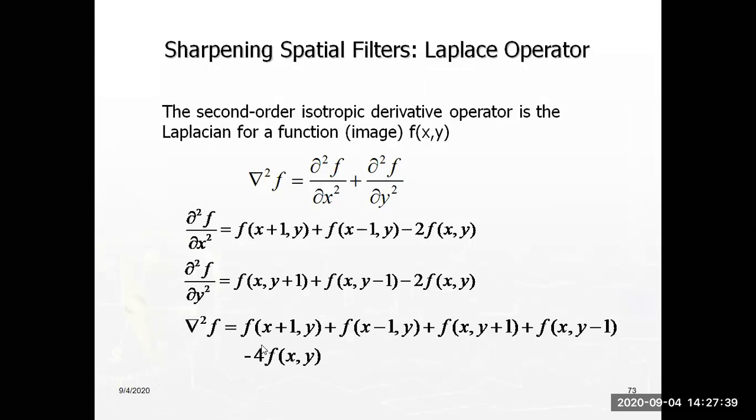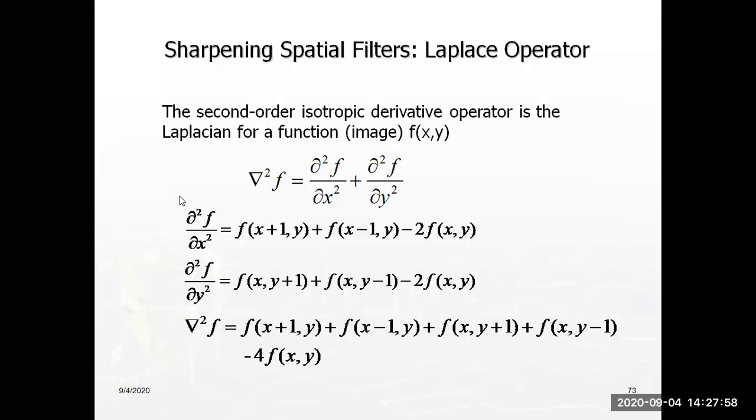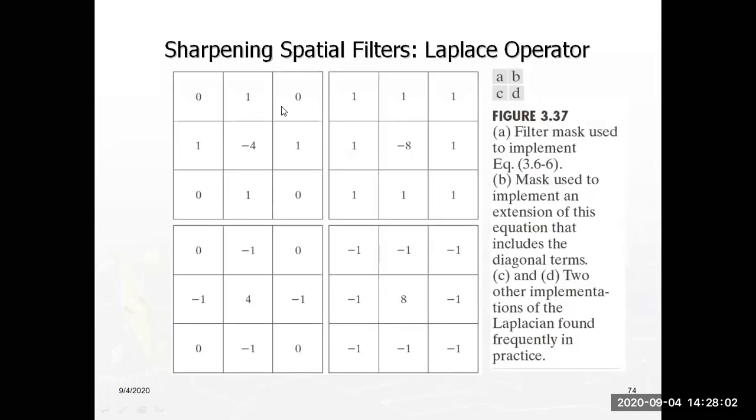If you observe here, f(x+1,y): for the x coordinate it is 1 and the y coordinate is 0, like this, f(x−1). So you place 4 ones, the center pixel is minus 4, and the diagonals are zeros. It is simply your expression in matrix form.